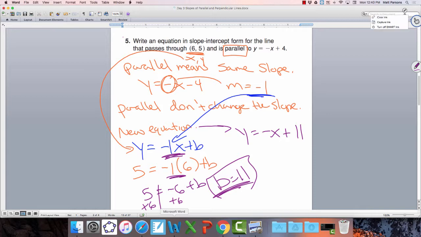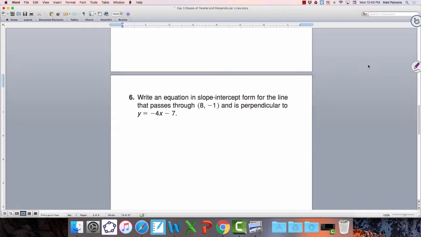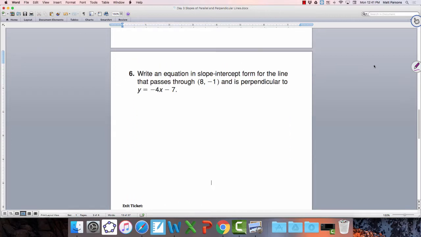For 6, I have to now deal with perpendicular lines. So perpendicular, again, opposite reciprocals.